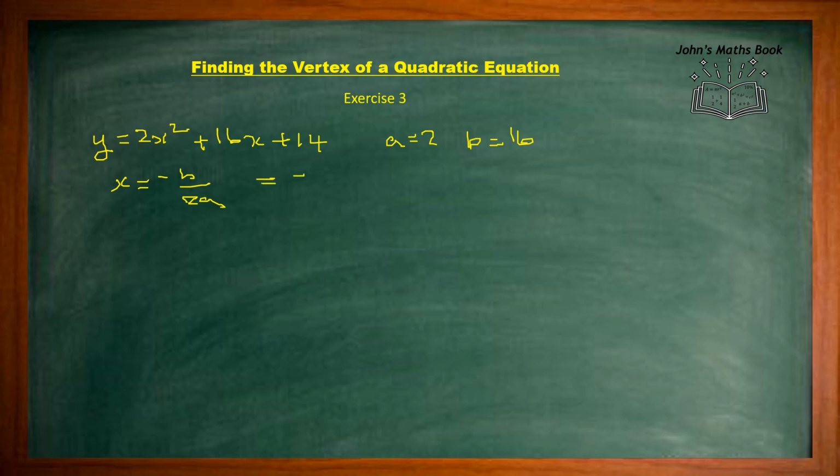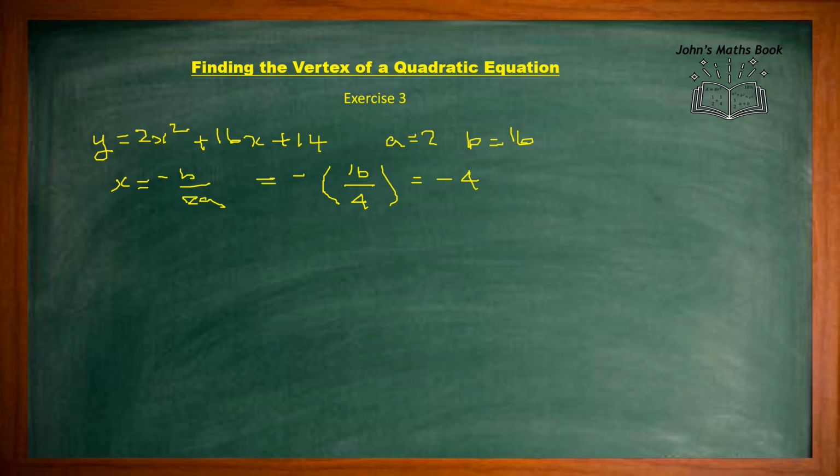So that's minus, so b is 16 divided by 2 times a is 2, so that's 2 times 2 is 4. So that's 16 divided by 4 gives 4, and it's a minus 4. So the x coordinate is minus 4.